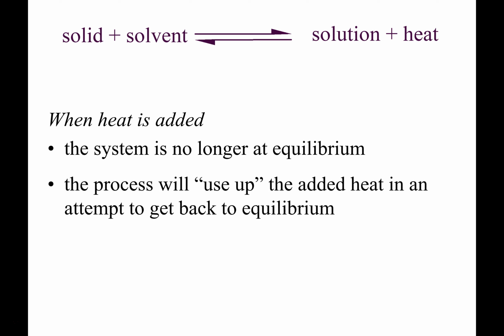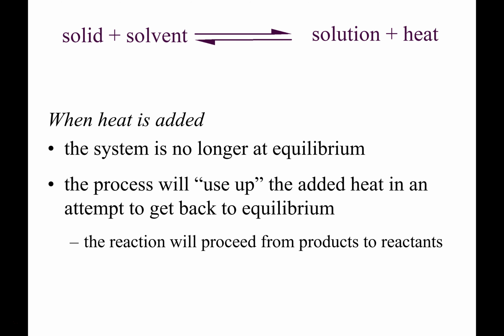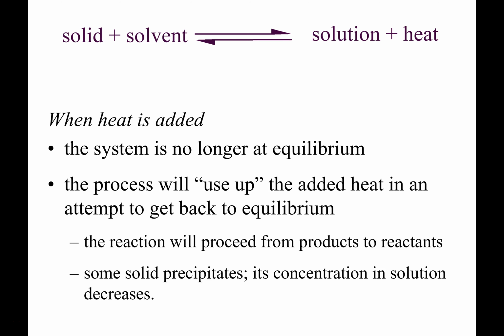This is kind of talking about a pull, but it's actually going to push the equilibrium over from the product side to the reactant side. And what is the reactant? It's that sludge. So it will go back to the reactant side, and it's going to precipitate more. So in this case, with the cerium sulfate, if I was heating it up on the stove, I would see more and more come out of solution.